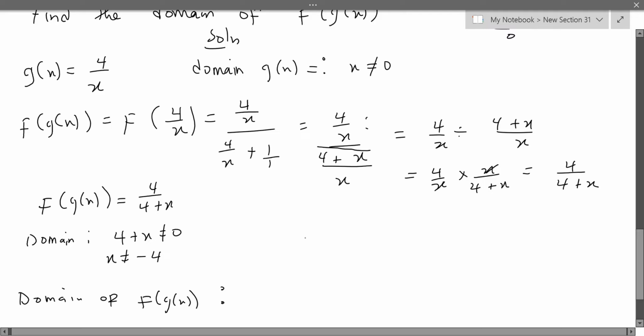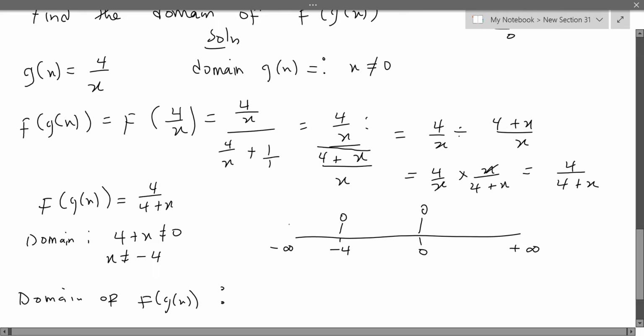So if I put that on a number line, this is what I normally use that helps me to get the domain. So I'll put -4 here and then put 0. So we know that x can't be -4 and x can't be 0. Here we have -infinity, here we have positive infinity.